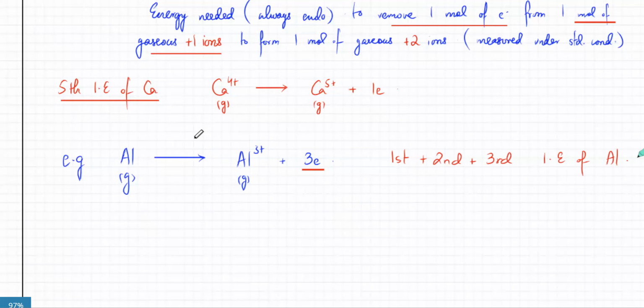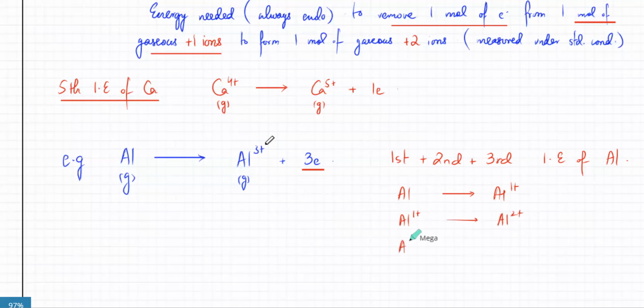Because if you had just removed the first one, it would have formed aluminium 1+. If you had just removed the third one, you would have started at aluminium 2+ and then removed the third electron. So what is happening here is you start at aluminium and remove the first electron, and it becomes aluminium 1+. Then you start at aluminium 1+ and remove the second electron, and that turns it into aluminium 2+.